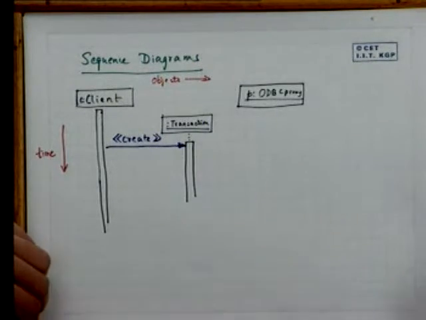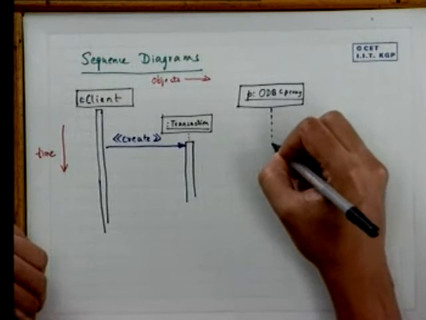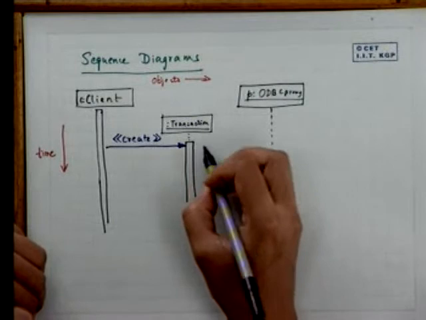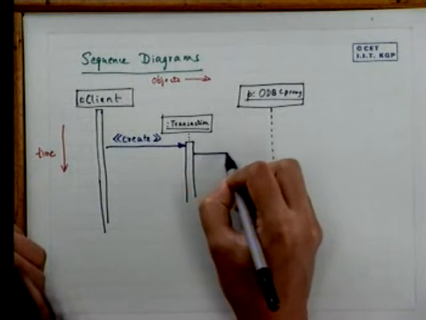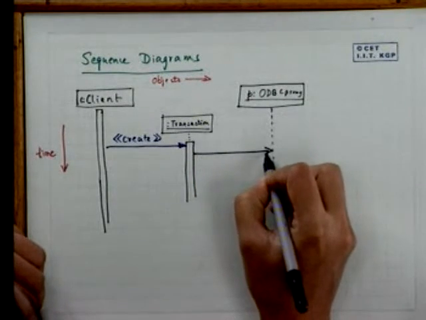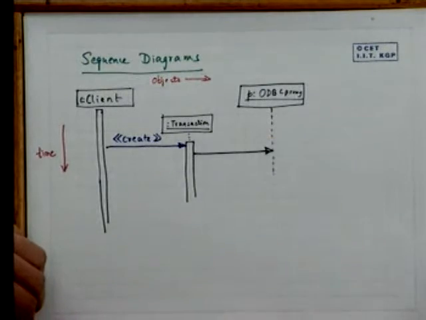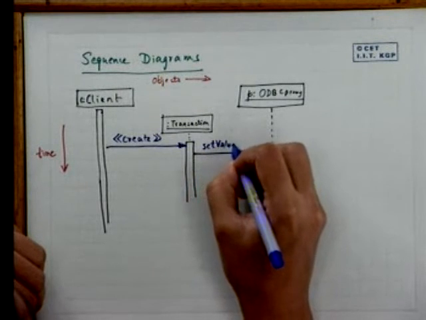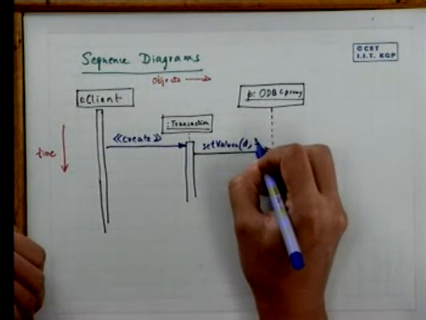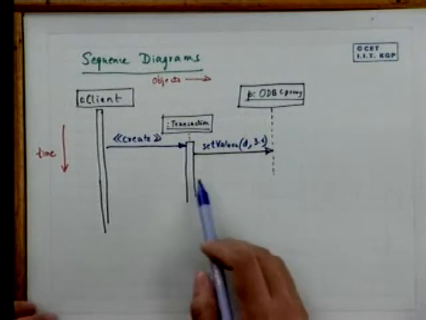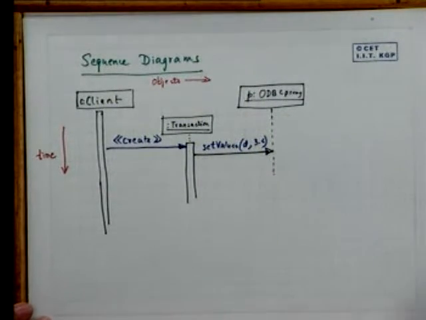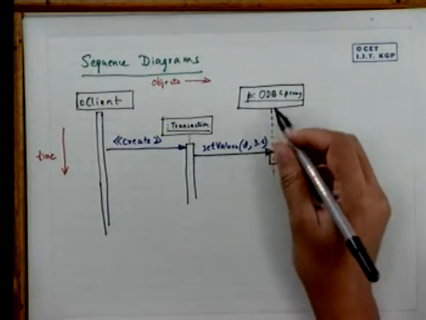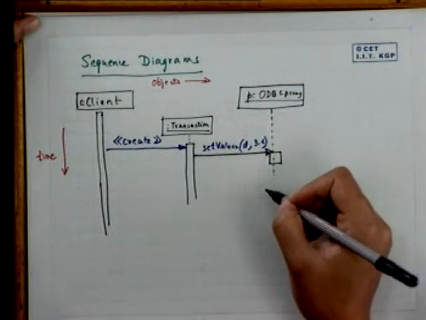Now we have the ODBC proxy server here, and on being created, the transaction object sends a message set values to the ODBC proxy server. And in response to this, the ODBC proxy server does some computation.